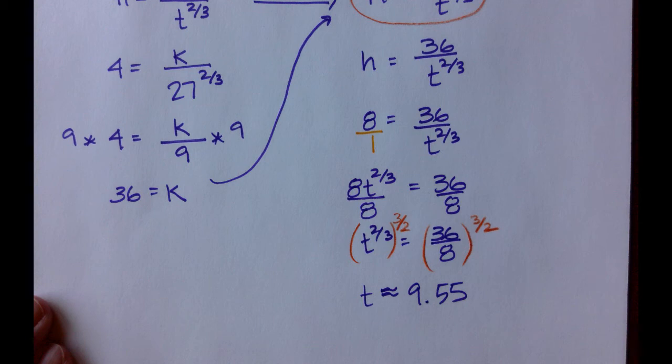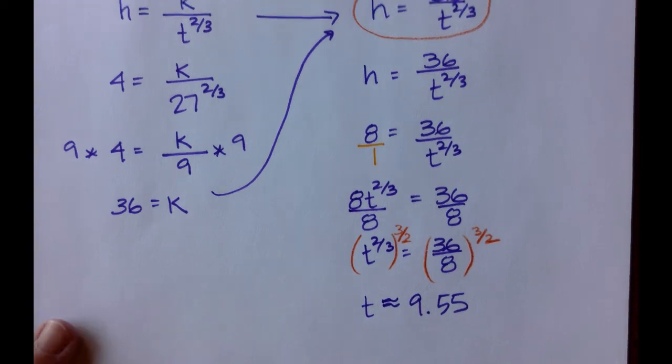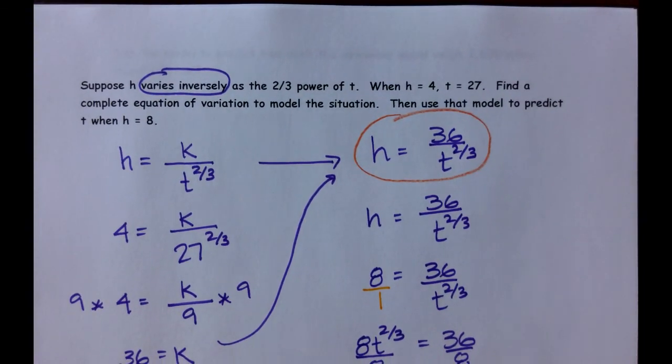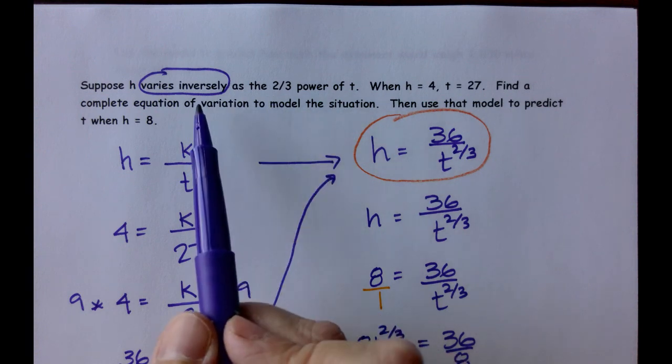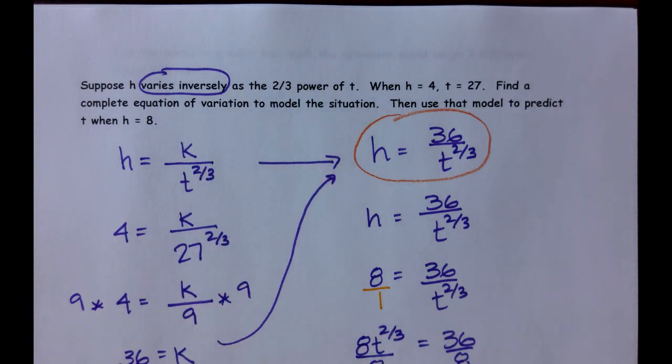Let's do a quick check and see if this makes reasonable sense in the confines of the problem. In the beginning, we had a situation where h and t to the 2/3 power are varying inversely. So we restrict ourselves to positive quantities in this course for the variation problems, but as one quantity increases with varies inversely, the other quantity should decrease.